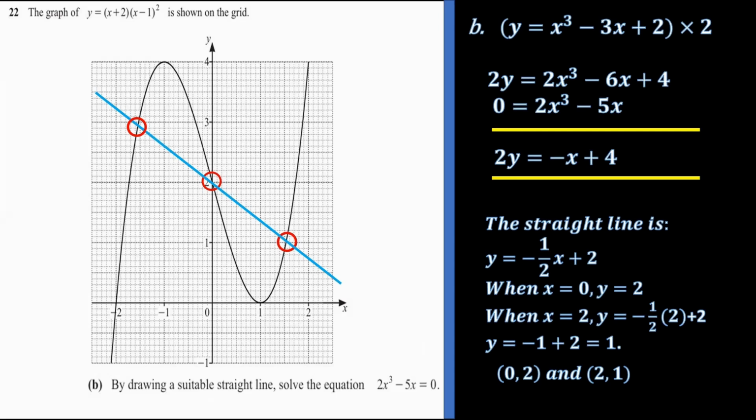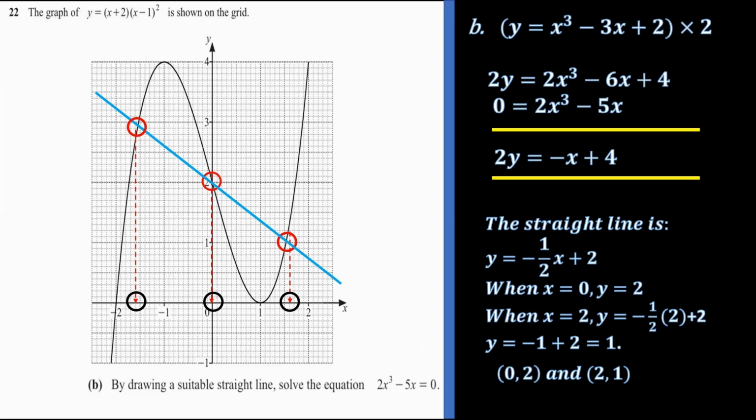And then after drawing this line, I'm expected to use this line to solve that equation. What does it mean? Those three places where the line intersects the curve, what are the values of S at these three places? So here, I'll follow the arrow down to the S axis to look for the values of S at this point, okay?